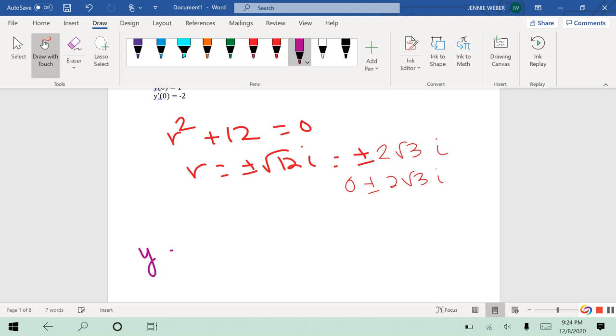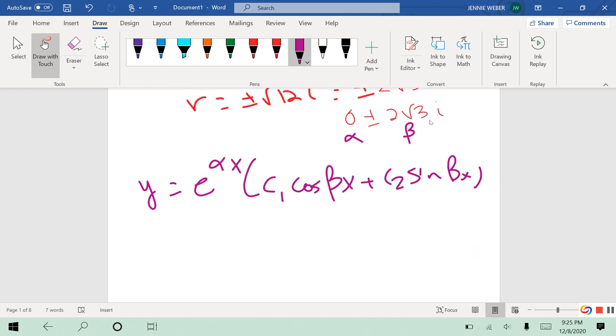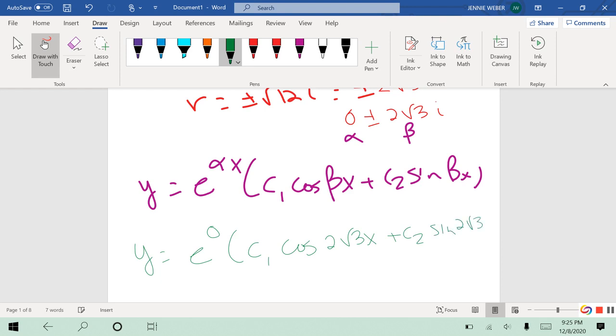And it says y then is e to the alpha x times c1 cosine beta x plus c2 sine beta x, where this is alpha and this is beta. Okay, so that means we have y equals e to the 0 times c1 cosine 2 square roots of 3x plus c2 sine 2 square roots of 3x.